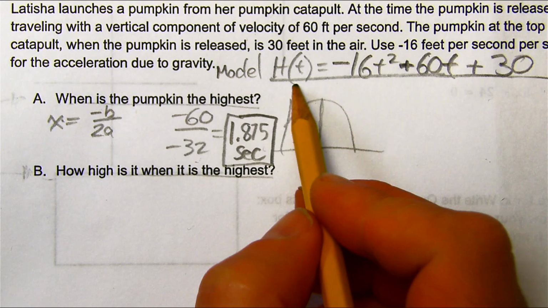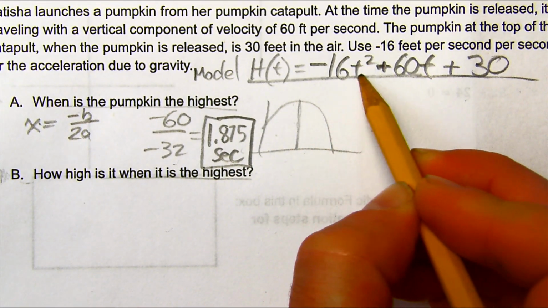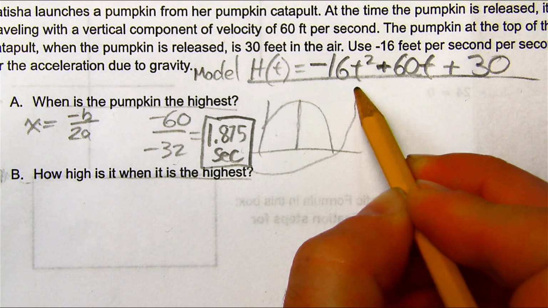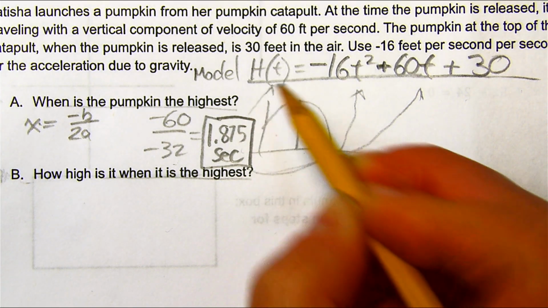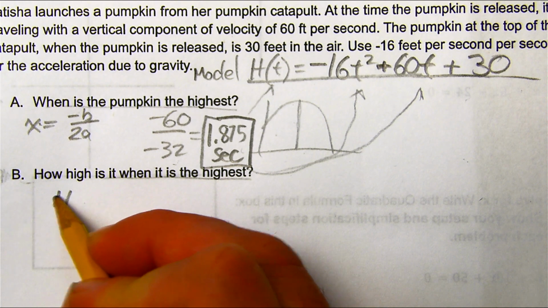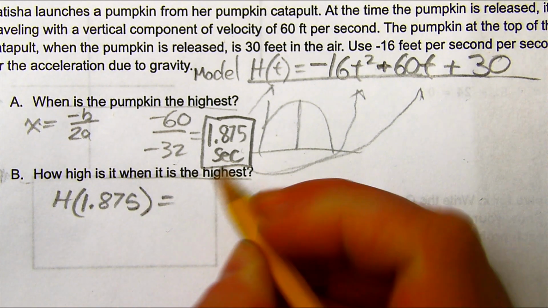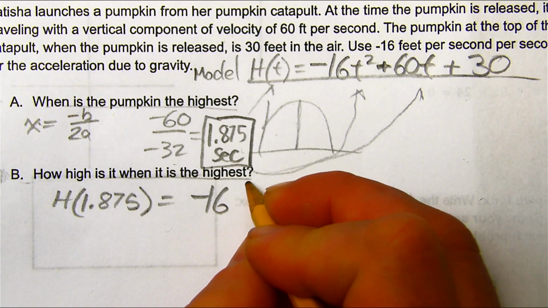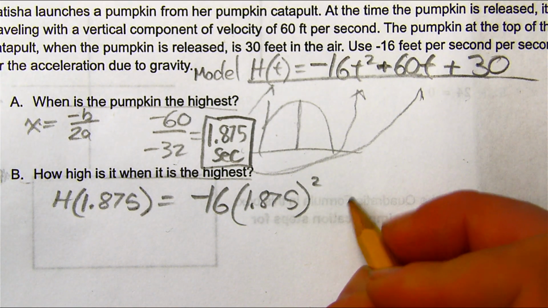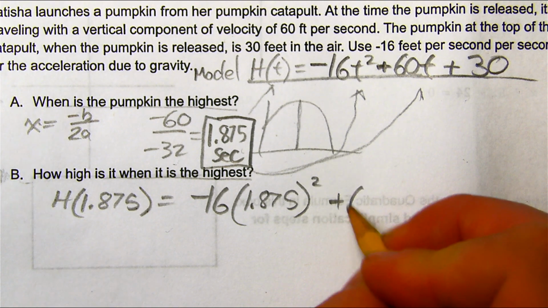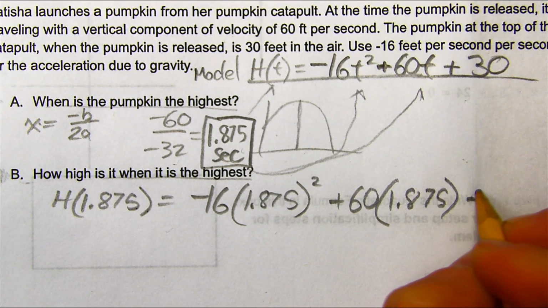How high is it? Well, if only we had a function that tells you how high things are if you know what time it is. We do have a function. Let's plug it in. h of 1.875 equals negative 16 times 1.875 squared plus 60 times 1.875 plus 30.